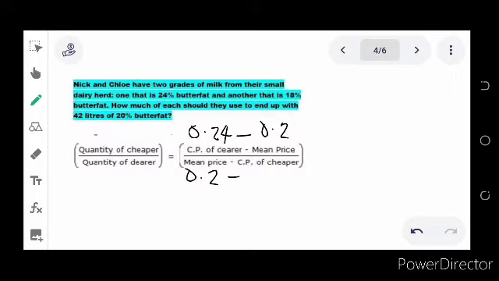Cheaper is the one with the lower percentage, so that's going to be 0.18. Now, 0.24 minus 0.2, that's 0.04. And then 0.2 minus 0.18, that's going to be 0.02.